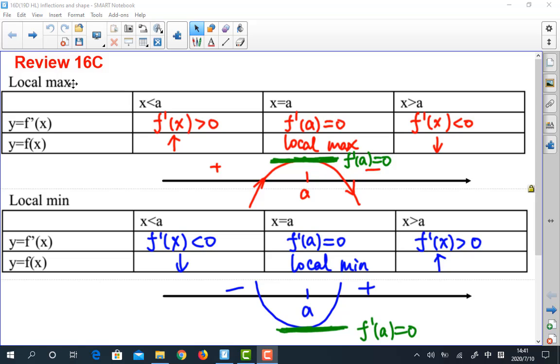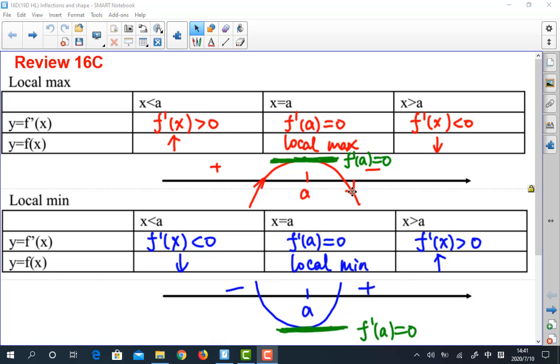The first type of stationary point is called local maximum. If you look at the sign diagram of the first derivative near x equals a, for x equals a to be a local maximum point, on the left side the shape of the graph should be increasing, so the first derivative must be greater than 0.